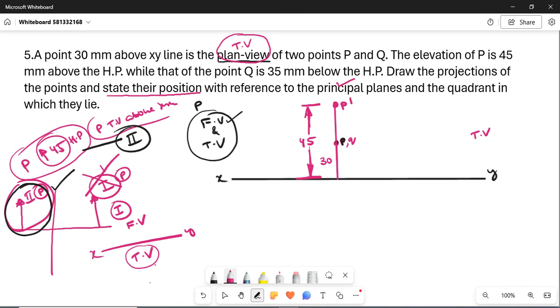And in the question we also mentioned to state the position with reference to the principal planes. So we have to write separately, in sentence format, the position of point P. The point P in the second quadrant means it is above HP and behind VP.